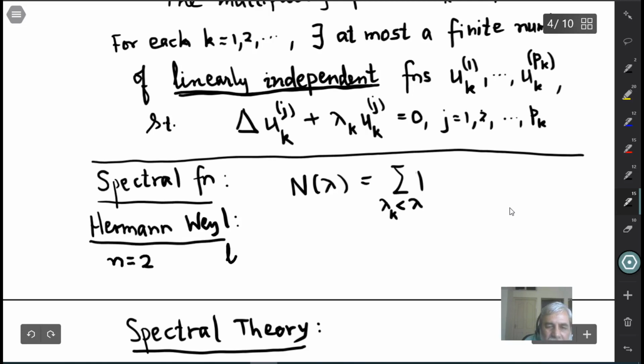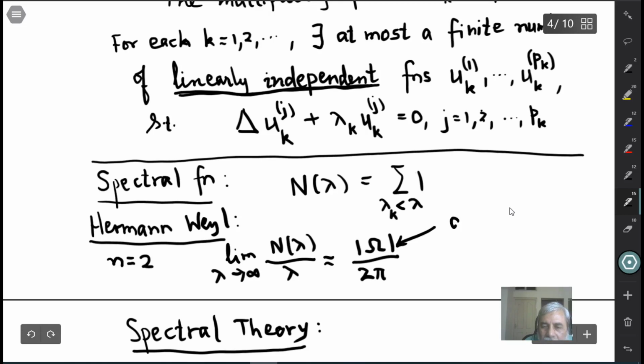So this limit N lambda by lambda as lambda tends to infinity is, so this one is area of omega. It's a very interesting result, and there are further extensions of these results not only for the Laplacian but also for uniformly second order elliptic operators.